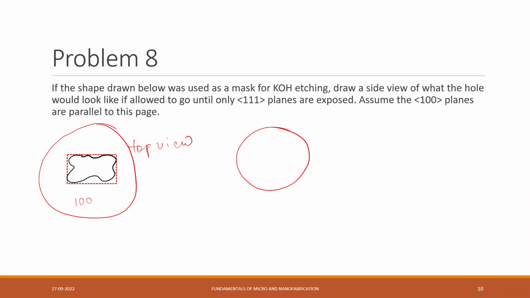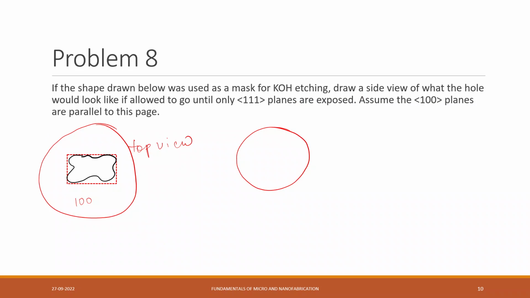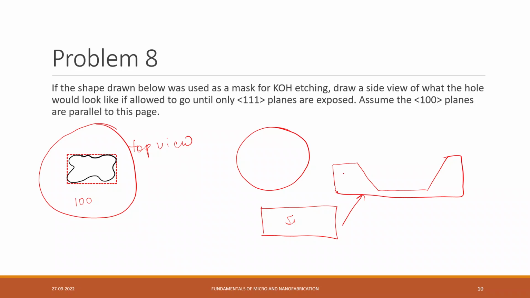When we expose from the side view, if we see this inside, we will get silicon here, and after we etch, we will get this.